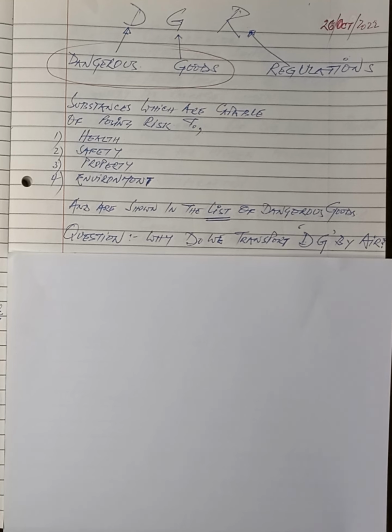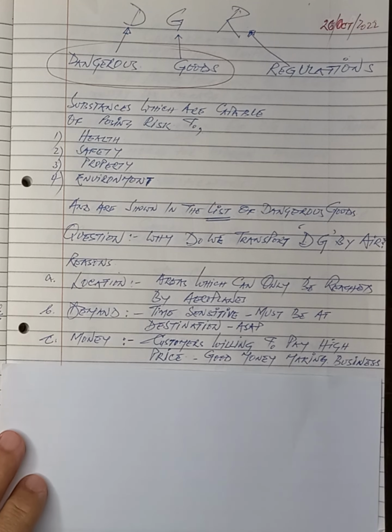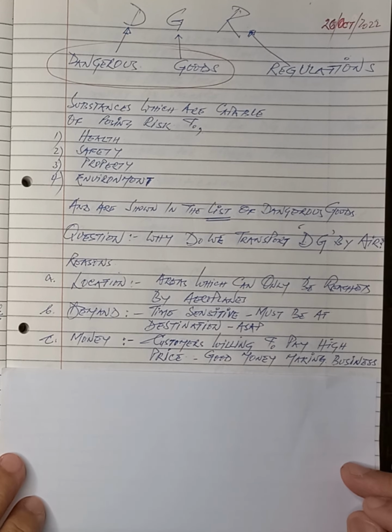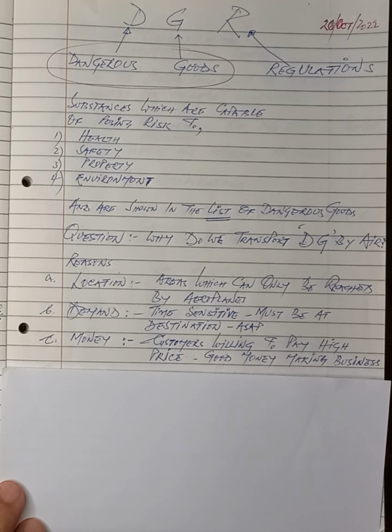Now we have a question: why do we transport DG by air? Here we have the following reasons. Number 1, of course, the location. Some locations can only be reached by air, meaning through aeroplane.